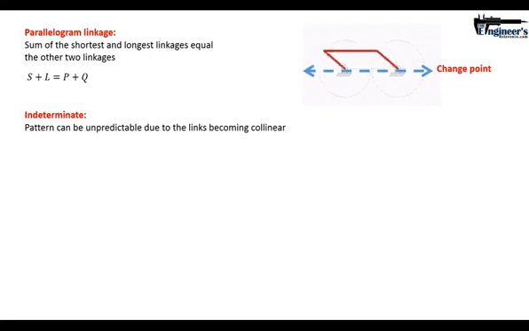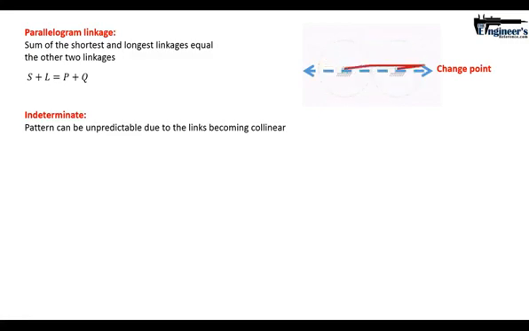Now what does that mean, that they're unpredictable? Well, the picture we're showing is two complete rotations, but when you've got a parallelogram linkage, it's also capable of doing something else, which is actually becoming a rocker scenario. At that change point, when everything is lined up in a collinear fashion, it is possible that it can take on an unpredictable motion unless you find a way to control or constrain it.